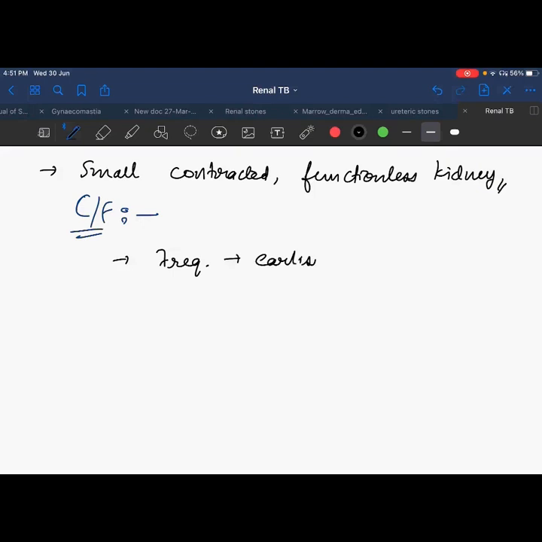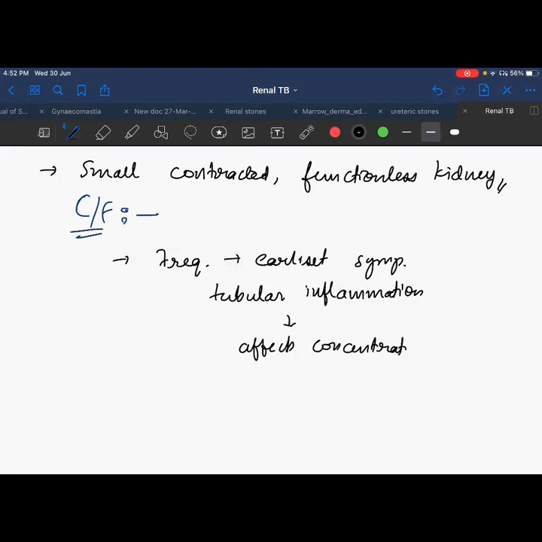Coming to clinical features. What are the clinical features in this condition? Frequency of micturition is one of the earliest symptoms. Why? There is tubular inflammation due to the infection.